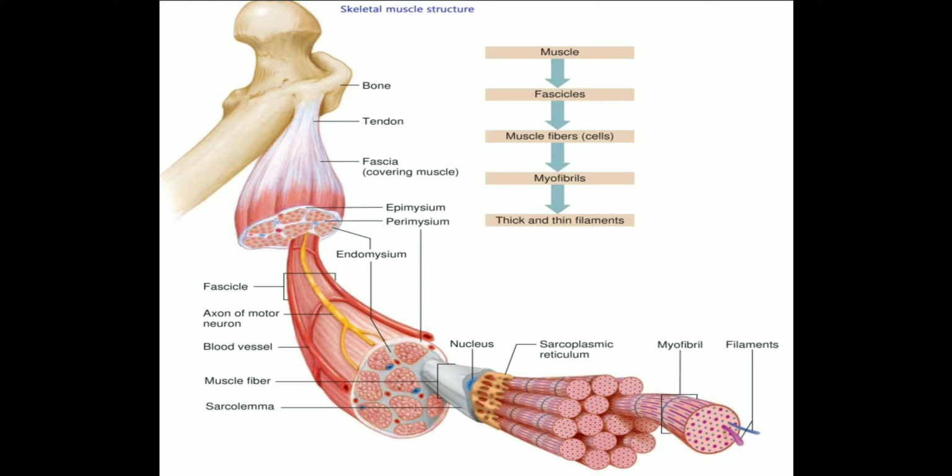It is a vascular tissue and is innervated by nerves also. You will find muscle cells contain a large number of mitochondria because in order to do muscular activity, energy is required. And you know, mitochondria is considered the powerhouse. So mitochondria will help in providing that energy.